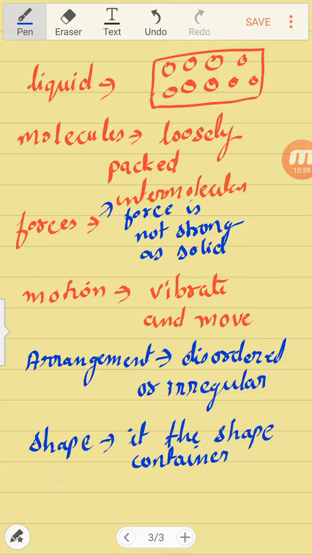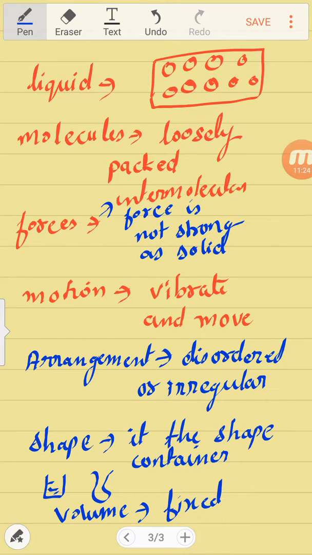If you're pouring in this shape, it will take the shape of this. If you're pouring in this shape, it will take the shape of this. And what about the volume? Fixed volume.